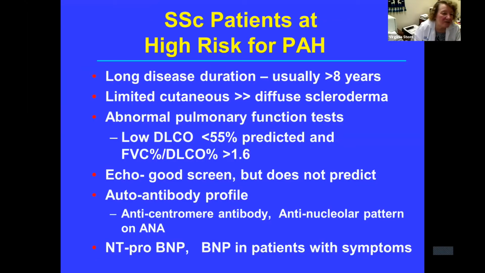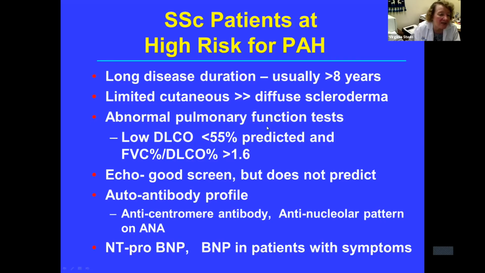So again, the risk factors for those at high risk for pulmonary arterial hypertension: long-standing disease duration. Usually they've had Raynaud's for more than 8 years. Again, mostly limited cutaneous, although there are some patients, particularly with the nucleolar antibodies, that have diffuse disease.